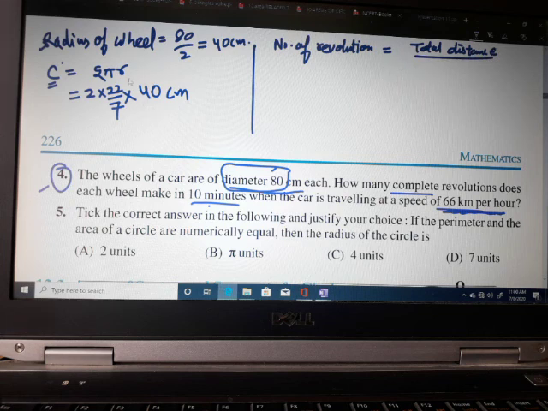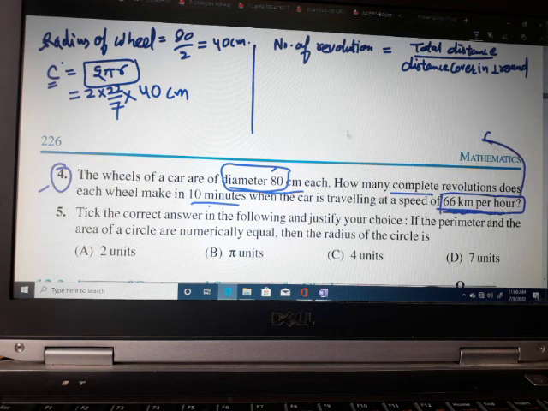One round is equal to the circumference of the circle. That is the number of revolutions. The speed is given as 66 km per hour, meaning in 1 hour.